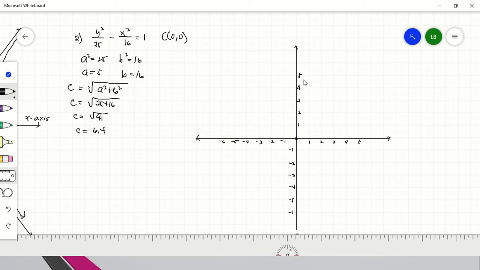So, y tayo. 1, 2, 3, 4, 5. Ito yung ating vertex. Ito yung isa pa. 5. So, vertices natin. So, 4. 1, 2, 3, 4. Ito yung co-vertex natin.